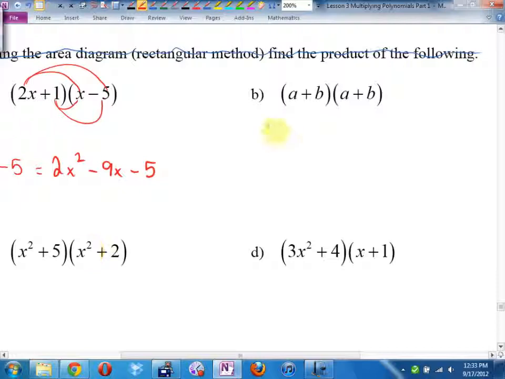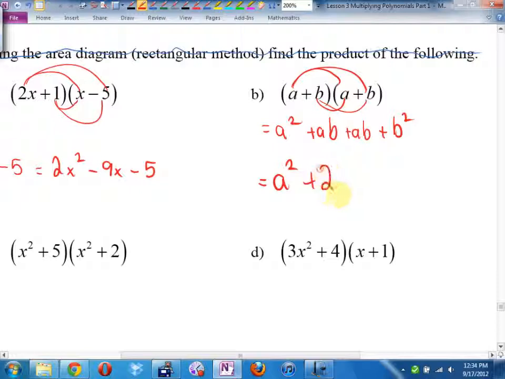So, b. a times a is a squared, a times b, ab. b times a, also ab. b times b, b squared. And I got some like terms. This one's going to be a squared plus 2ab plus b squared.